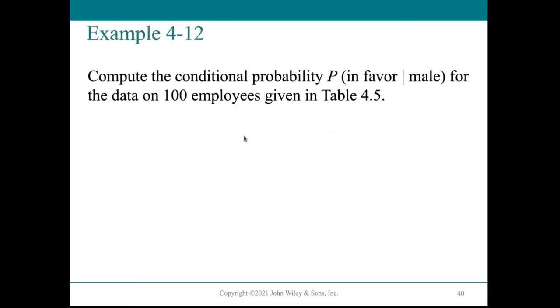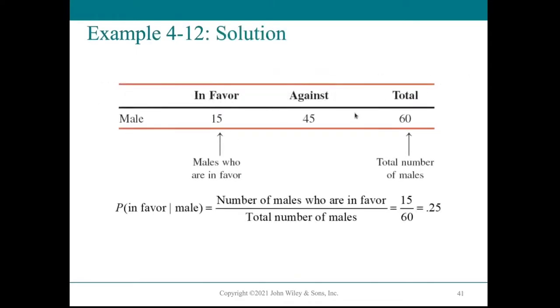So let's look at this example. What's the conditional probability of in favor given it's a male from the data of 100 employees given previously? We look at only those male respondents and how many are in favor. Of course, the probability here is different because instead of the denominator being 100, the total number of respondents, it's the total number of those in event B, the specified outcome.